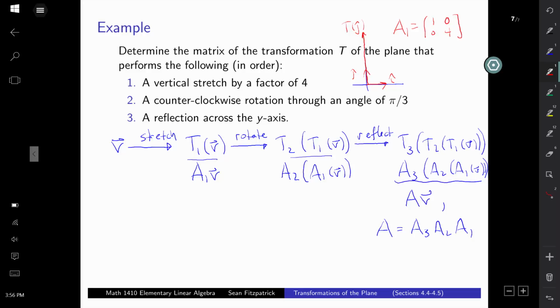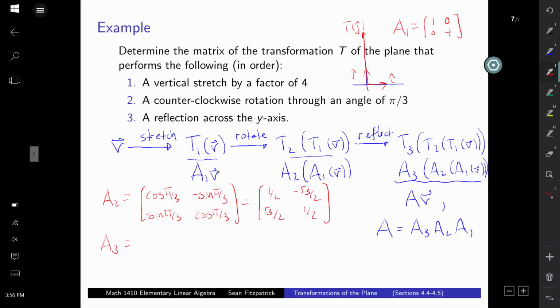So my vertical stretch is [1, 0; 0, 4], multiplying the y value but not the x value. The rotation through an angle of pi over 3, A2, using the formula from before, is [cos pi/3, -sin pi/3; sin pi/3, cos pi/3], which is [1/2, -root 3 over 2; root 3 over 2, 1/2].